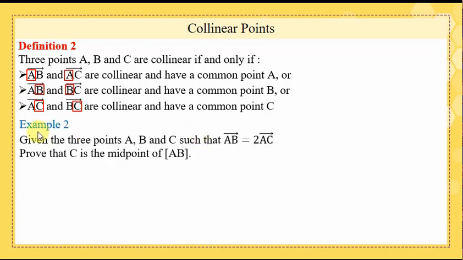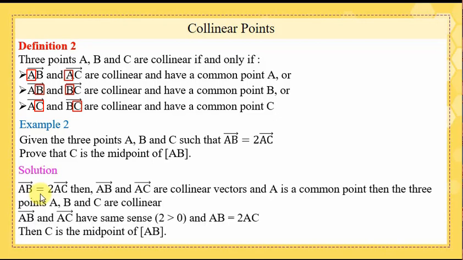Example. Given the 3 points A, B, and C such that AB vector equals 2 AC vector, prove that C is the midpoint of AB. As we said, since AB vector equals 2 AC vector, then these two vectors are collinear because they are written in the form of u vector equals k v vector.